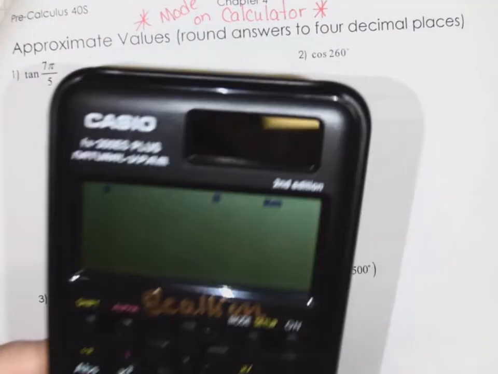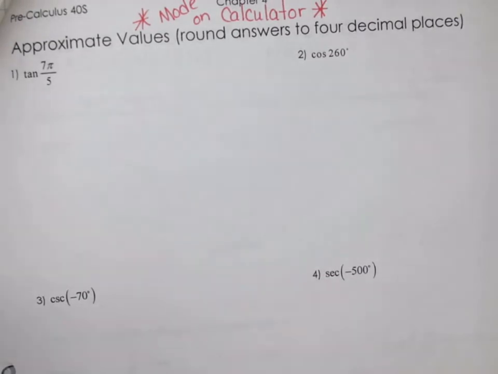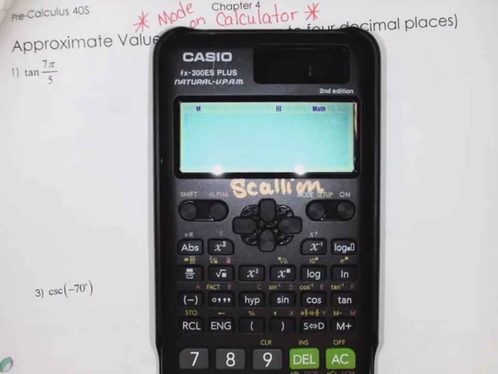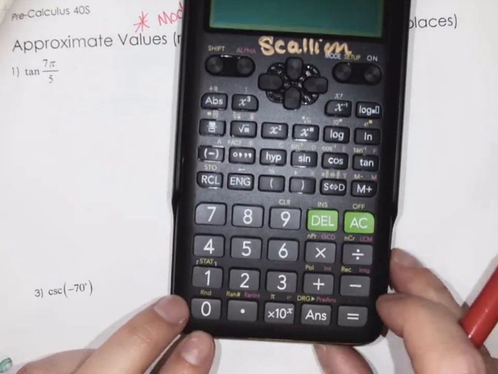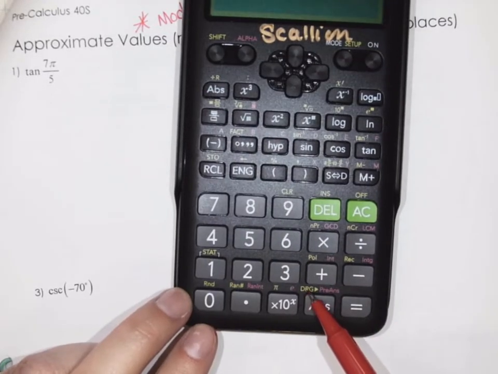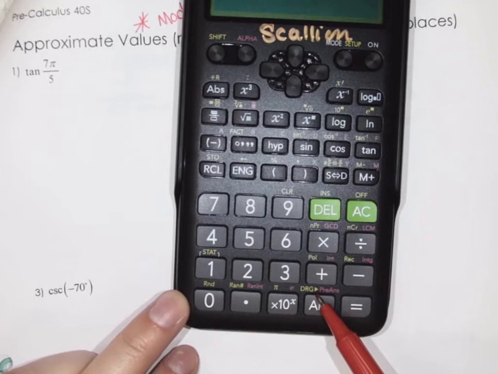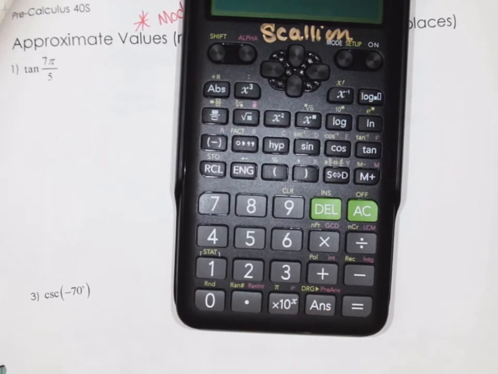You guys are really messing with me. Oh, here it is. On mine, it's right at the bottom here, I think. The DRG: degrees, radians, gradians. There's a G measure of angles that we're not going to touch.